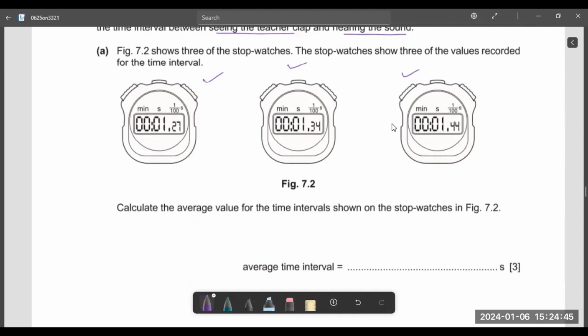Calculate the average value. For finding the average, three readings are there. This is showing 1.27, this is showing 1.34, and this is showing 1.44. We need to calculate the average, so we add these three and divide by 3.